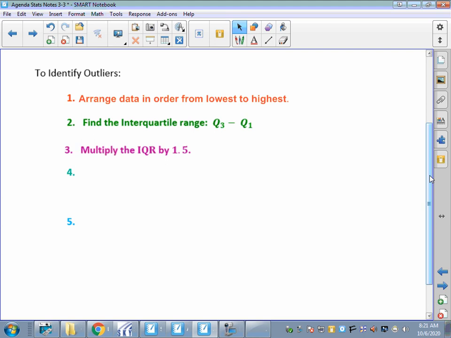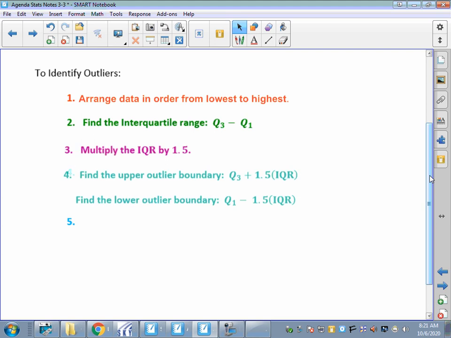Here's where the calculation and the data, the support or evidence that this is an outlier comes in. So you're going to find your upper outlier boundary. You're going to take your Q3 value, your highest quartile, and add that number. This is the calculation from step 3. You're going to take your lower outlier boundary, you're going to take your Q1 and subtract that number.